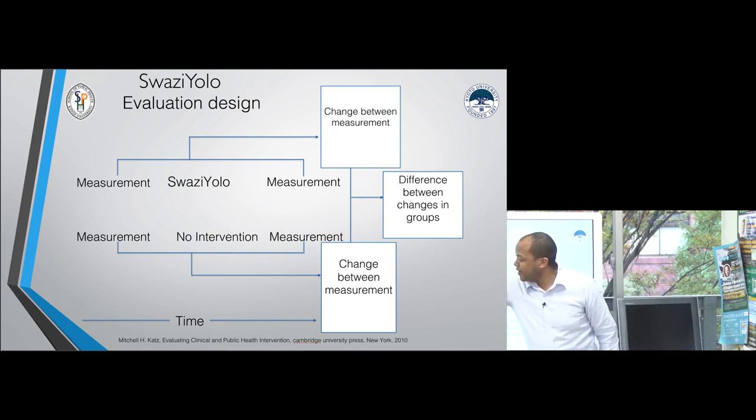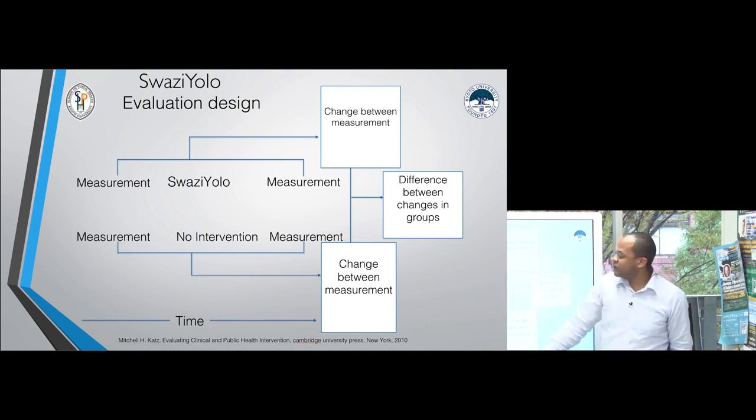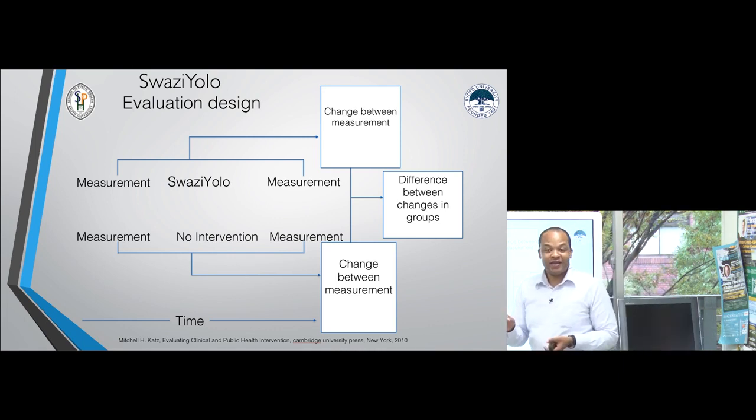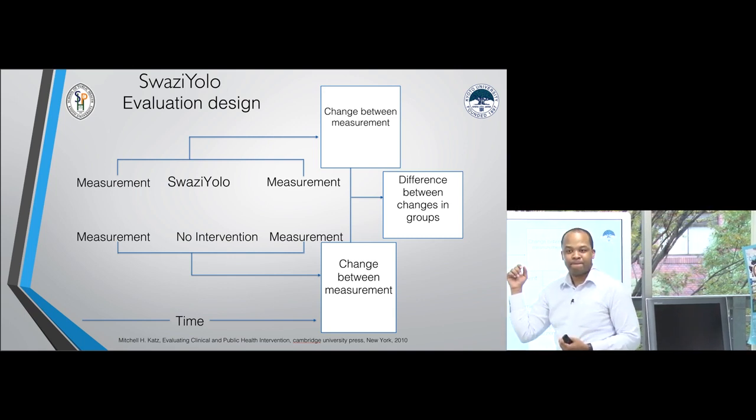So we have an intervention group and we have a control group. And then we'll expose them to the intervention. Then we'll measure at the end. Most interventions I'm seeing measure just before and after. Then they see an increase, so it's effective, it works.